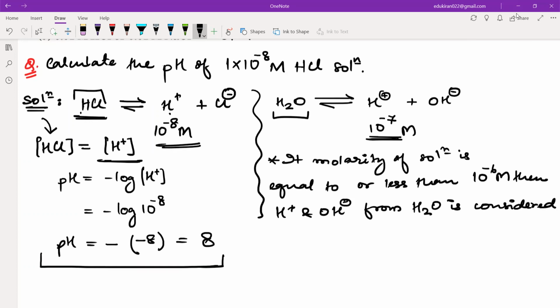So we are going to consider the concentration of H plus that we are getting from water also.